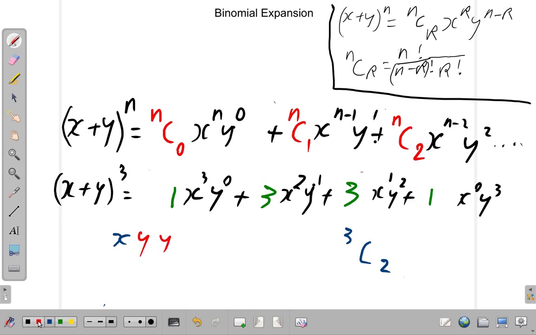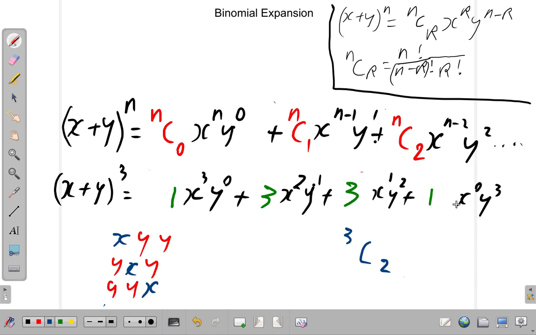You can have a y, then the x, and then a y. Or you can have y, y, and then x. Is there any other? No. These show only 3 ways that you can arrange these. Alright? So what you have is 3 x to the 1, y to the 2.